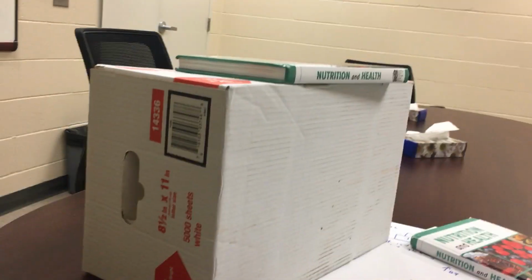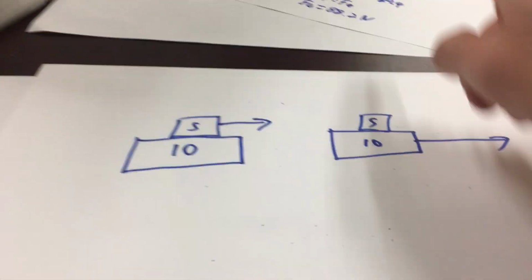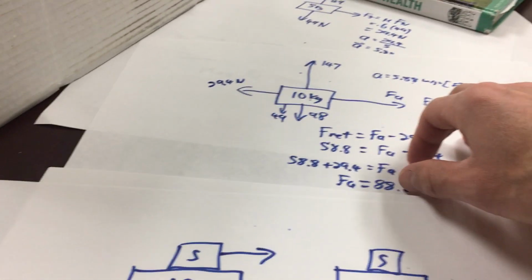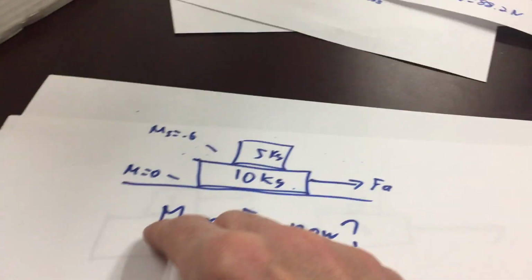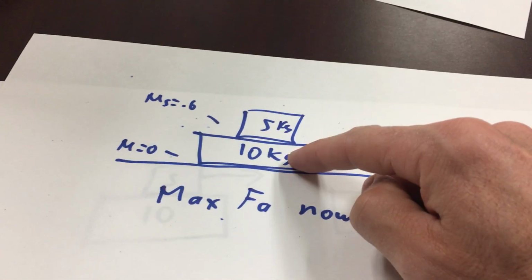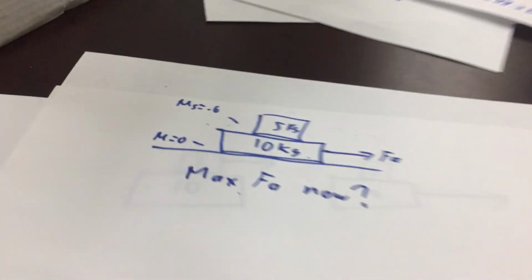Now, that's not a perfect experiment to verify these theoretical results, because in this situation we simplified it and had no friction. We had no friction between the bottom block and the ground. And that's not what this is demonstrating here. So you have to be careful and not over-assume what it is that you've found.